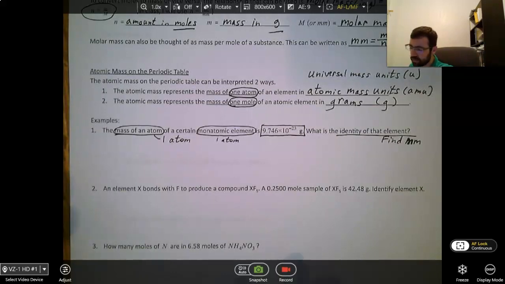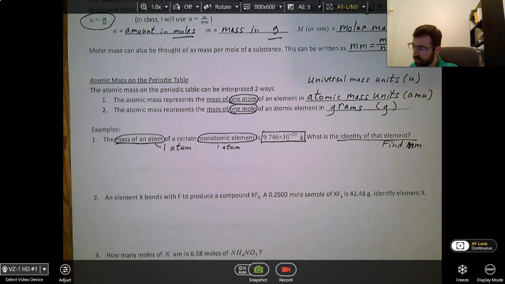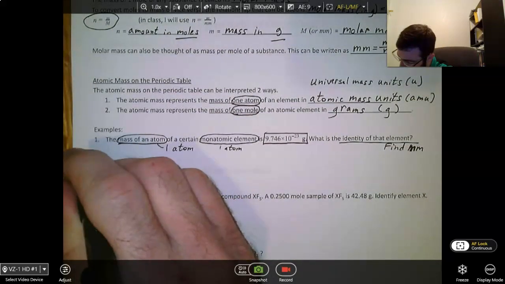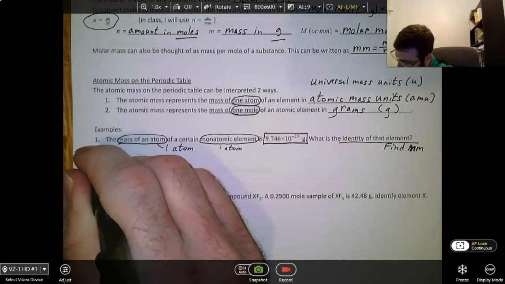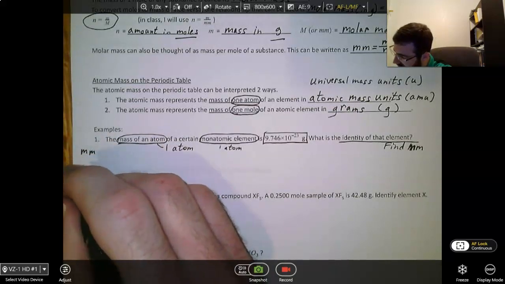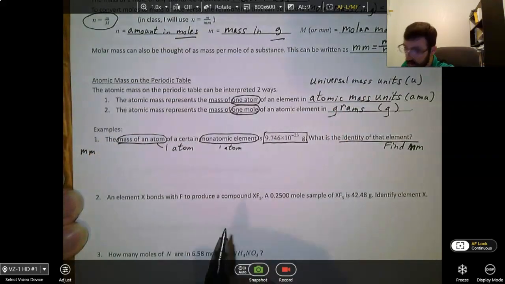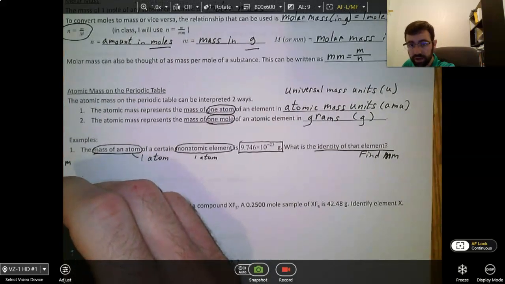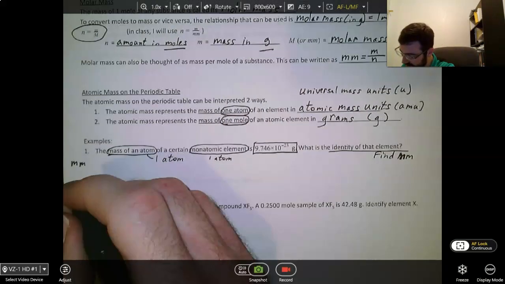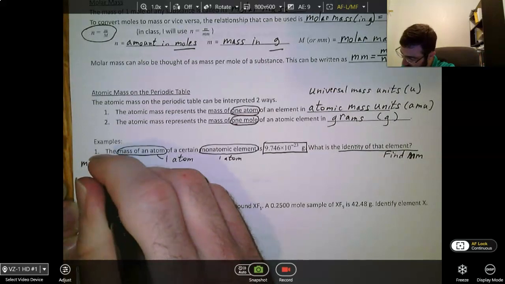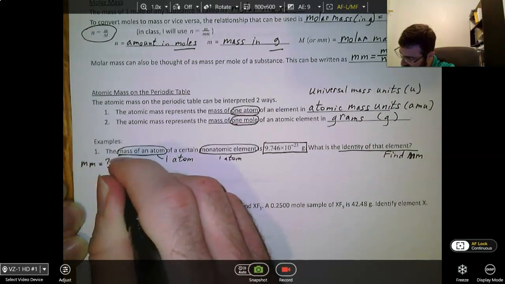So let's use our formula. I know there are other ways to solve this, but I want to use the formula for finding molar mass. So we have molar mass equals m over n. Molar mass is our unknown, and I want to find that in grams per mole.